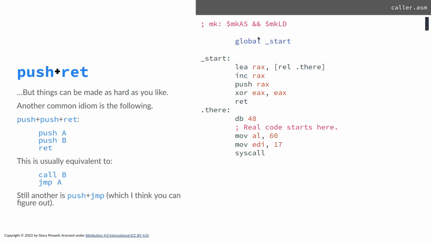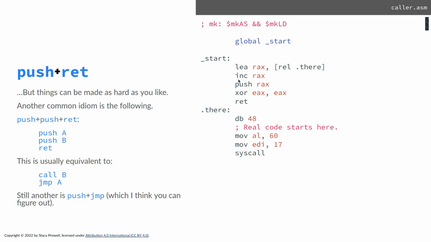So let's walk through this code and see what's happening here. So here we go. I get dot there, get the address there. That's here. Get the address and put it in RAX. And then I increment RAX. And then I push it on the stack. And then I zero out EAX for some reason, and I return. Where does this return go?